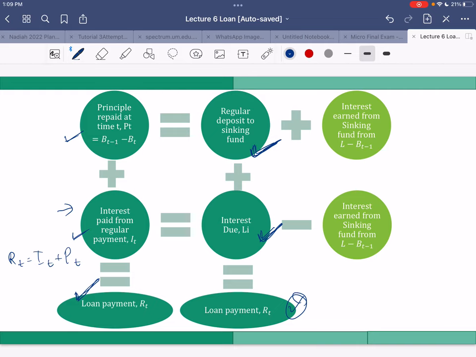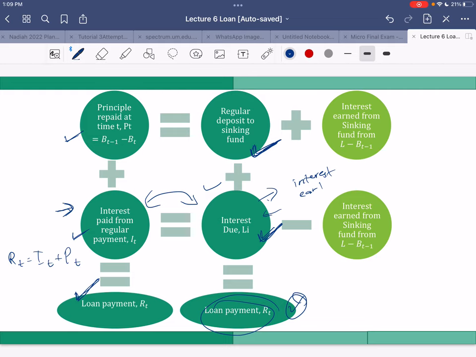This is the interest paid from the regular payment. Why are these two amounts different? It is because part of the interest due is actually paid by interest earned in the sinking fund. So it is paid partly by the interest earned from the sinking fund, and only part of it is paid from the regular payment R.